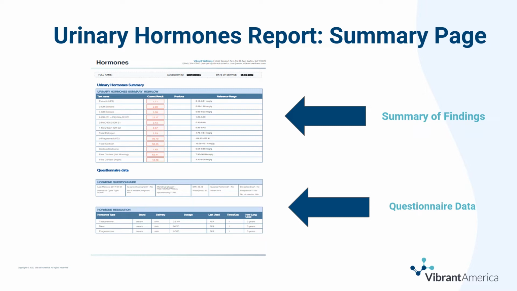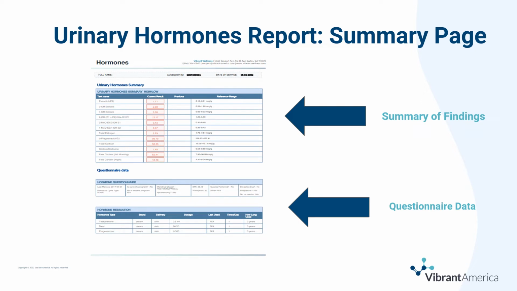We report body mass index, for example, and in humans there's a correlation between increased body mass index and an elevated level of aromatase. This is an enzyme that converts testosterone to estrogen in both men and women. So if a patient has a high BMI and high estrogen, we might determine that increased aromatase activity is the root cause.